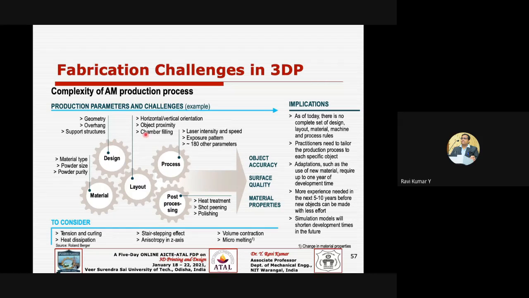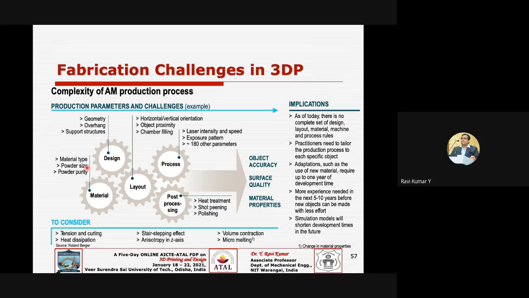parameter set, we need to consider several things and check some implications for this aspect. If we talk about the design aspects, like what is the geometry, and then overhangs and support structure, as we were just talking about, and then material type, and again it will vary from the raw material source.